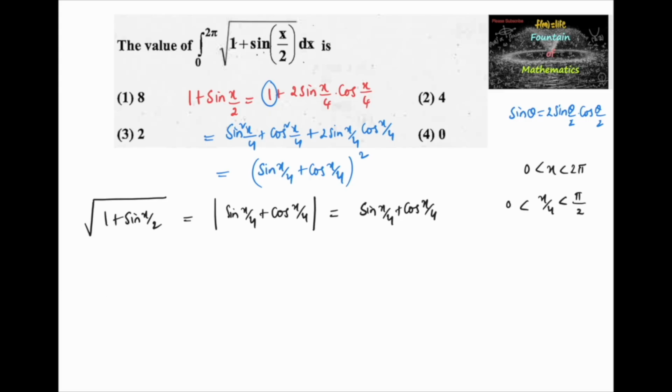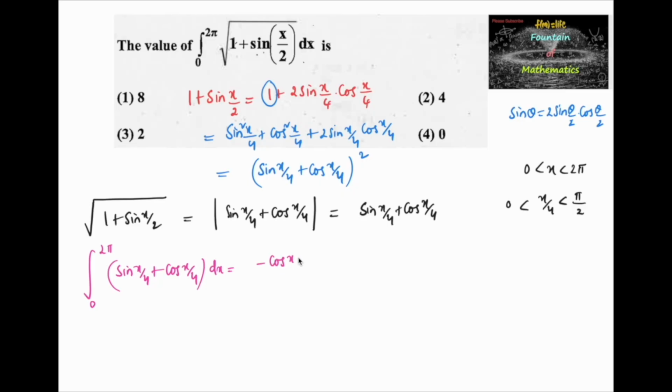Now let us consider the integral 0 to 2 pi under root of 1 plus sin x by 2, which we can write as (sin x by 4 plus cos x by 4) dx. Integration of sin x is minus cos x.